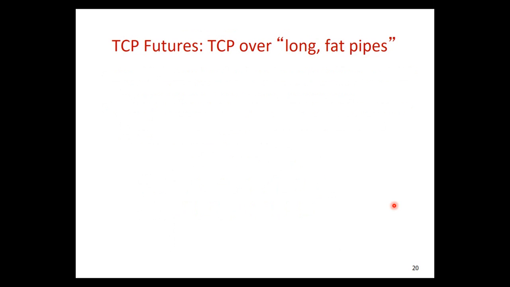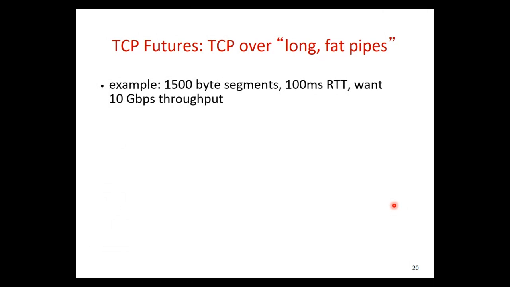Okay, now let's look a little bit at the new issues and challenges with TCP. There's an issue when you run it over what is called a long fat pipe. A long pipe simply means that you have a large value of round trip time.